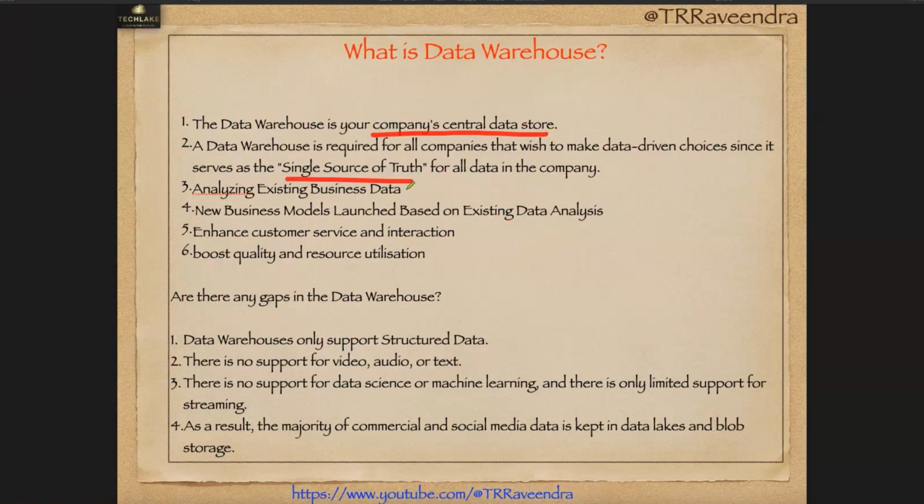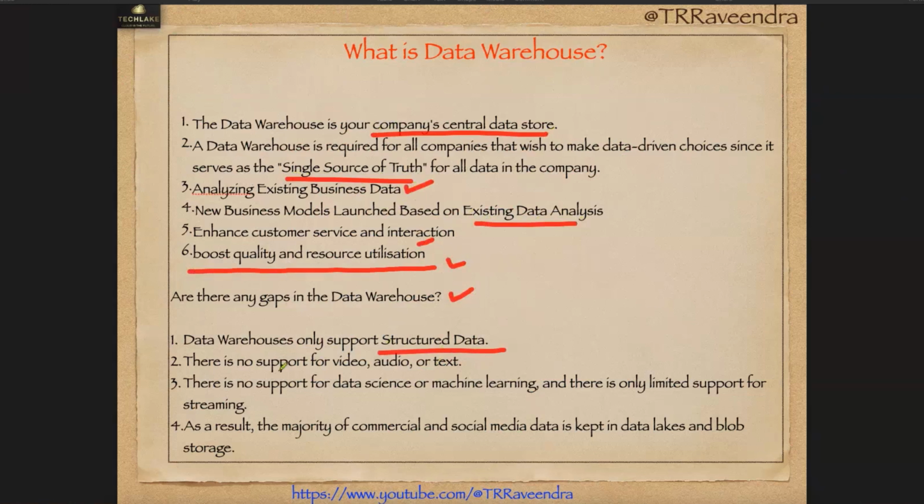Mainly they use it for business analytics, analyzing existing business data, or launching new business models based on existing data, and to enhance customer service and interaction, and boost quality and resource utilization. But what are the missing things in this data warehouse? They support only structured data.